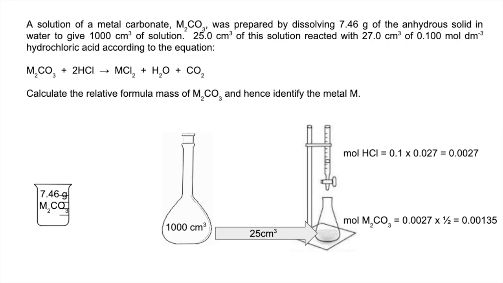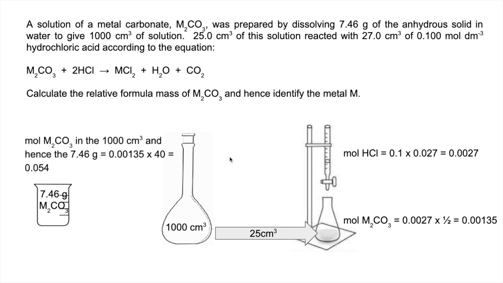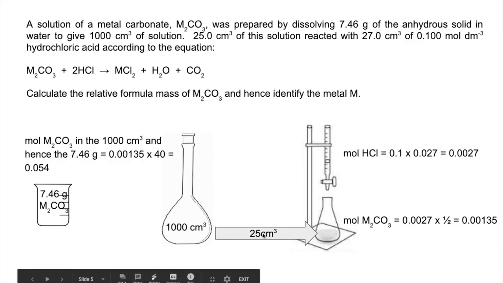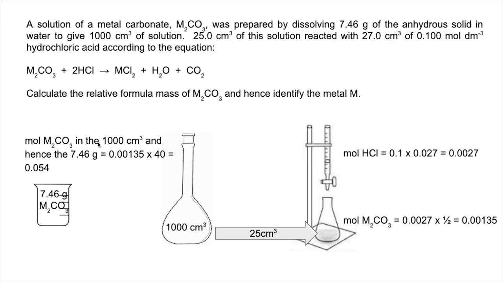So that's 0.00135. And then the number of moles that must have been in this flask here is going to be 40 times that, because 25 cm cubed is a 40th of 1000. So the moles of M2CO3 in the 1000 cm cubed, and also in the 7.46 grams, is 0.054.